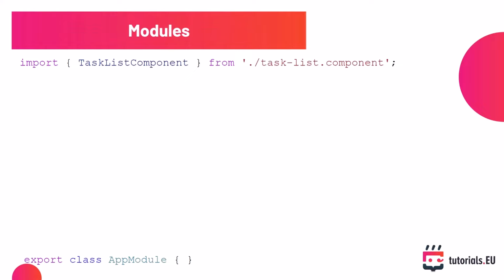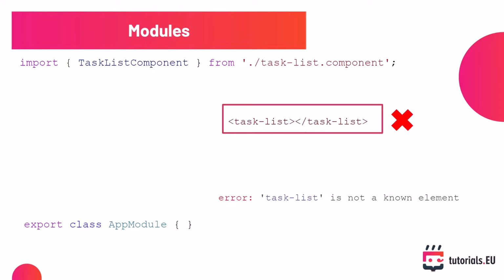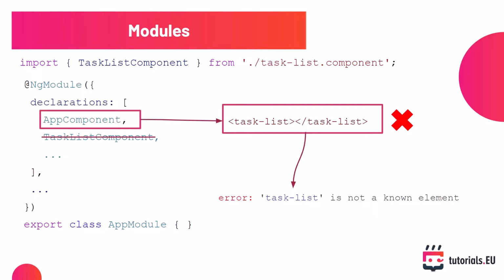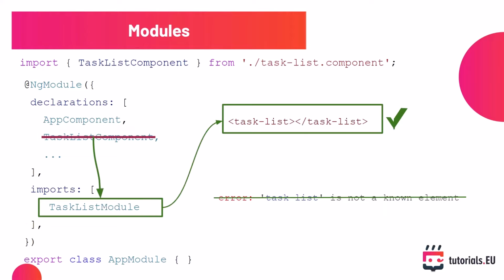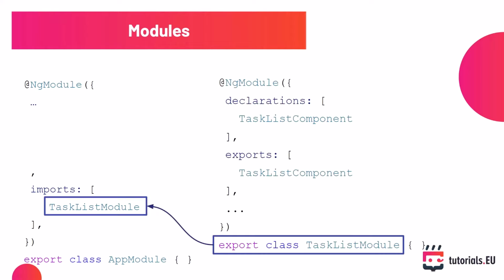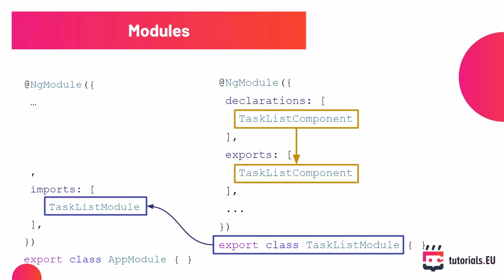As an example, importing the class of a component to a module file is not enough for being able to use the component selector in other Angular components. To be able to use the selector of a component in other components, we should declare the component in the declaration section or import it from another module that declares the component. And the module that declares the component should also export it to make it accessible by other components.